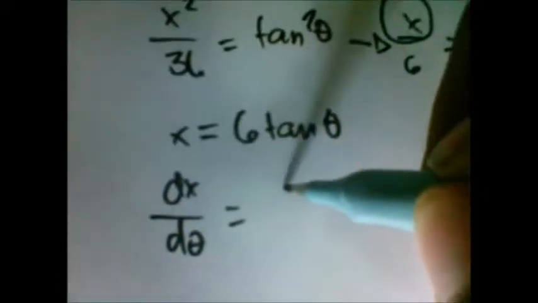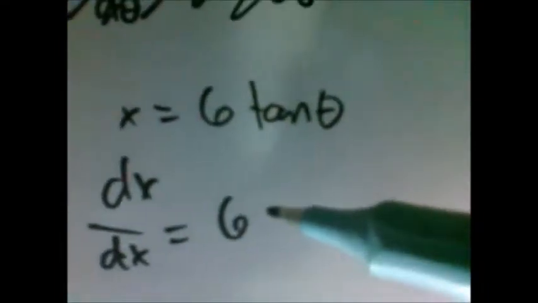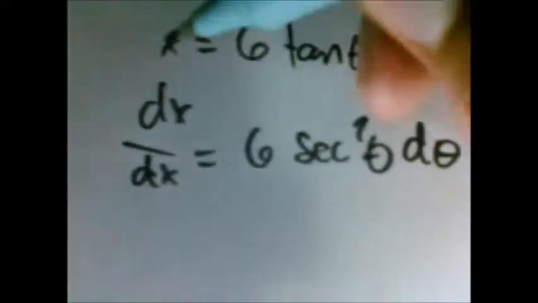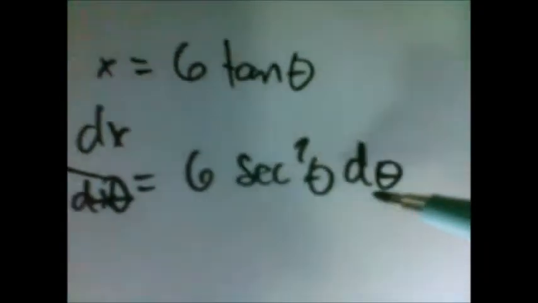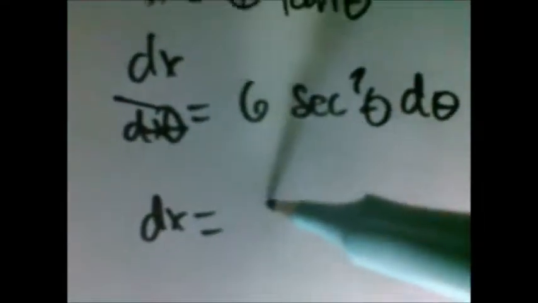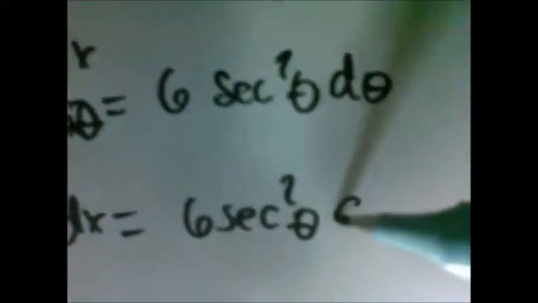The derivative of x, dx over d theta, is equal to 6 secant squared theta. Finding the value of dx, we have dx equal to 6 secant squared theta d theta.